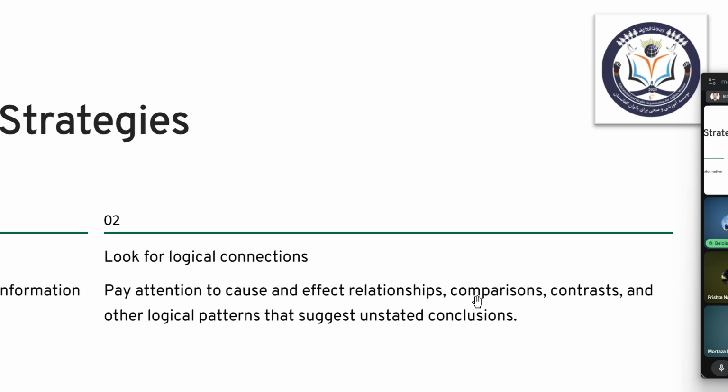Or other types of logical patterns that suggest unstated conclusions? For example, the passage might be chronological, might be telling a process, might be expository or informative, might be definition. So these are important logical connections that we might have in our text.